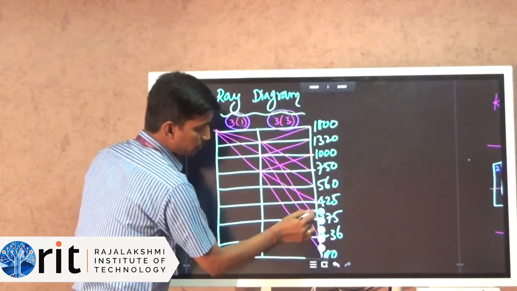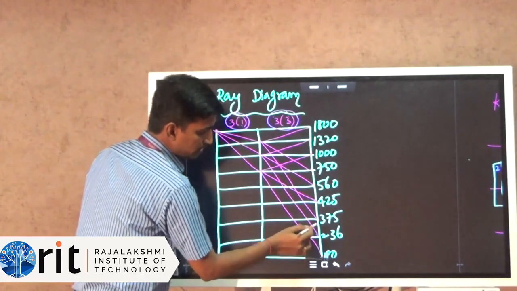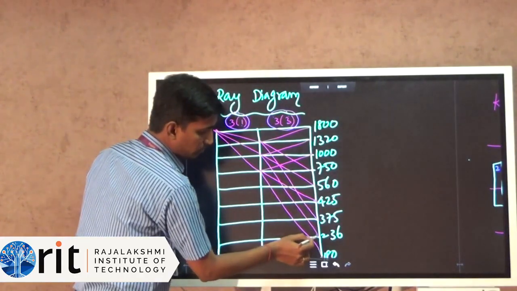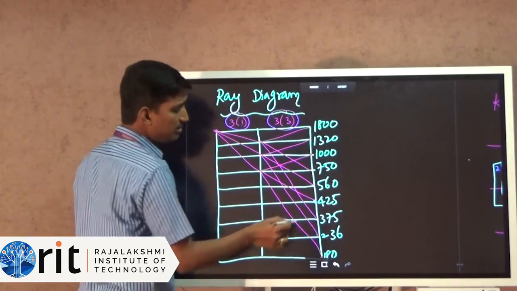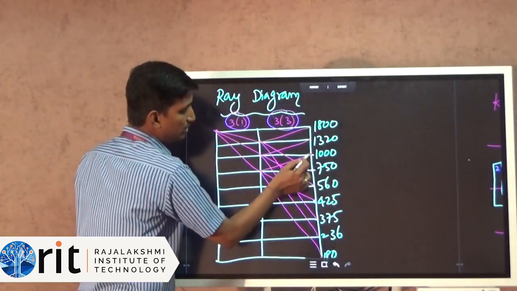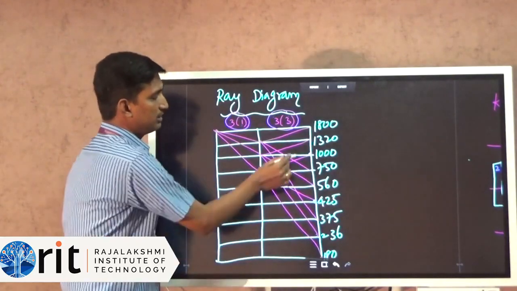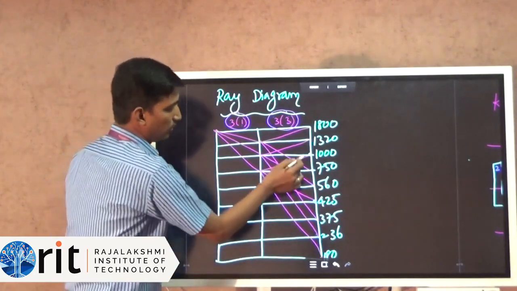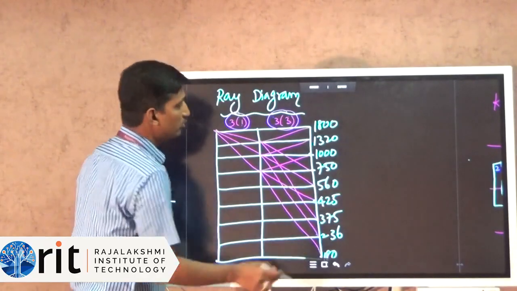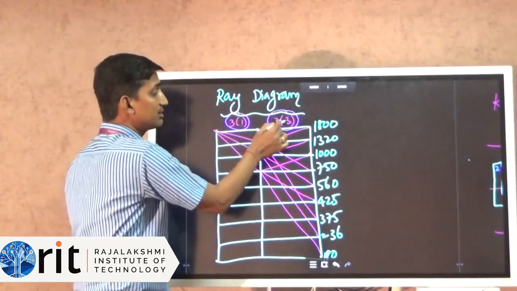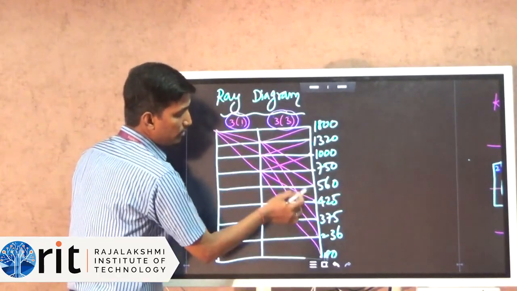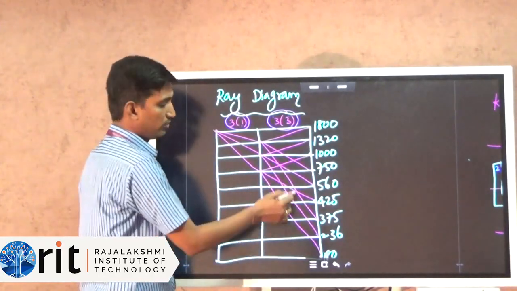I am going to number them 1, 2, 3. This is my first point. Similarly 1, 2, 3, this is my second point. Now I have noted down 3 points since it consists of 3 stages, and since it consists of 3 speeds, I am going to find 3 points over here.